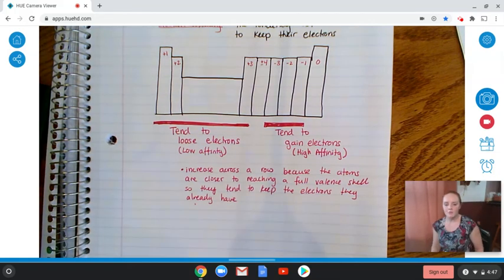If you're almost out of valence shell, you're going to keep the electrons you already have. You're also going to try and take more, but that's actually not electron affinity. That's a different term that we'll learn in one more video. But for now, electron affinity is increasing across a row because as we go across a row, our atoms are closer to a full valence shell, so they tend to keep the electrons that they already have.